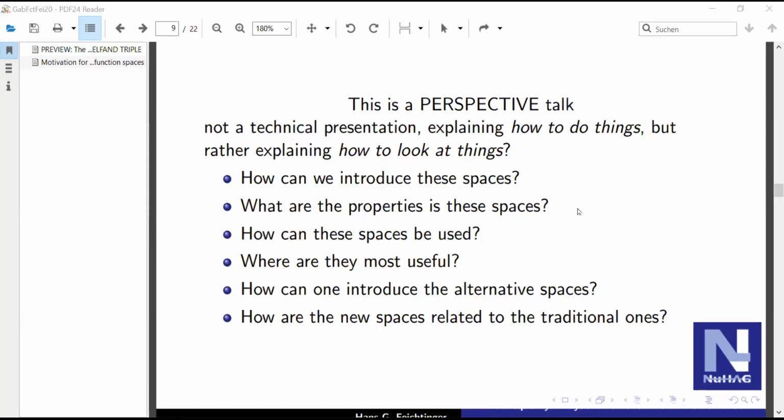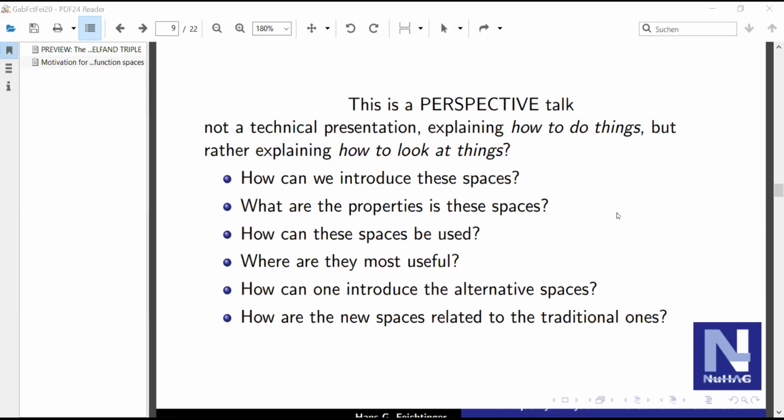So this slide was more or less prepared at the time when I was still thinking to talk more about these function spaces. But you see there are various questions, including which space should be used for which purpose. And of course, there is something like a learning curve.